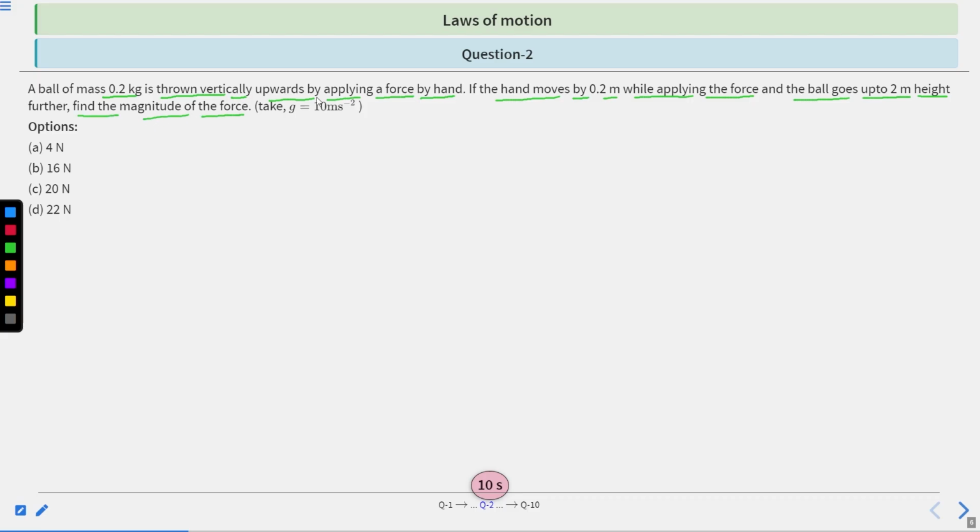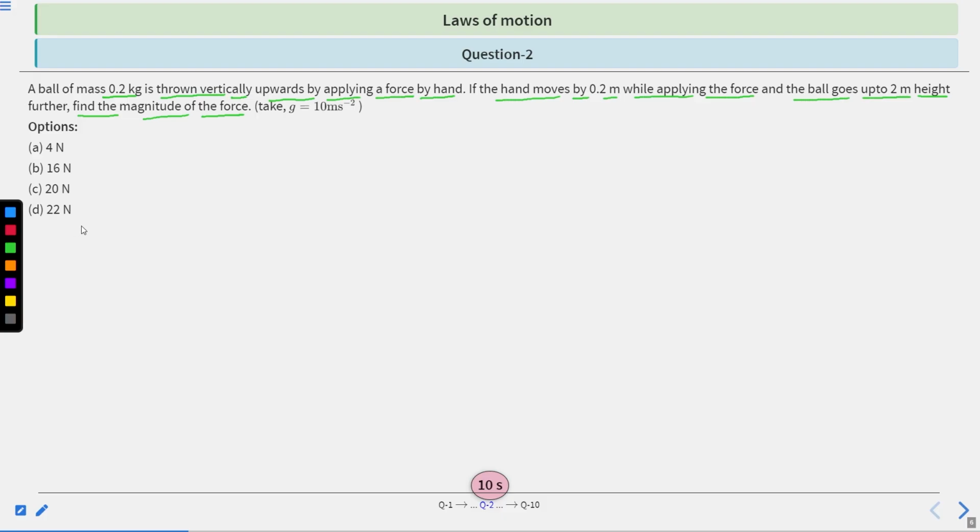Take g equal to 10 meter per second square. The options are A is 4 Newton, B is 16 Newton, C is 20 Newton and D is 22 Newton.